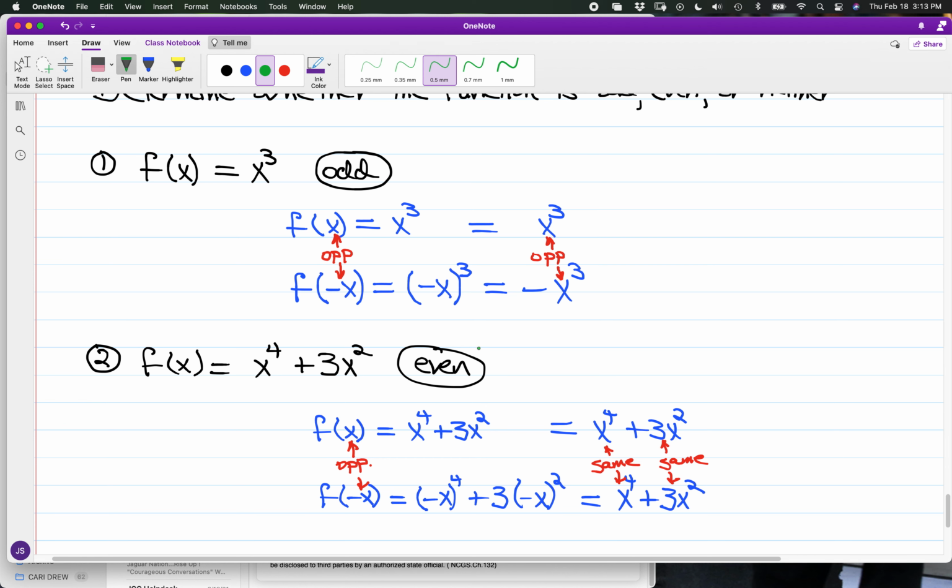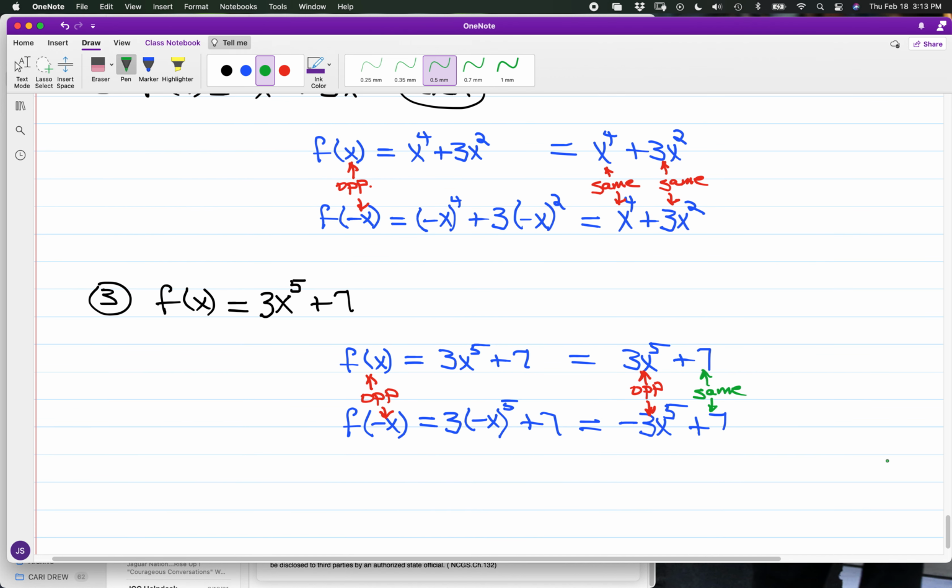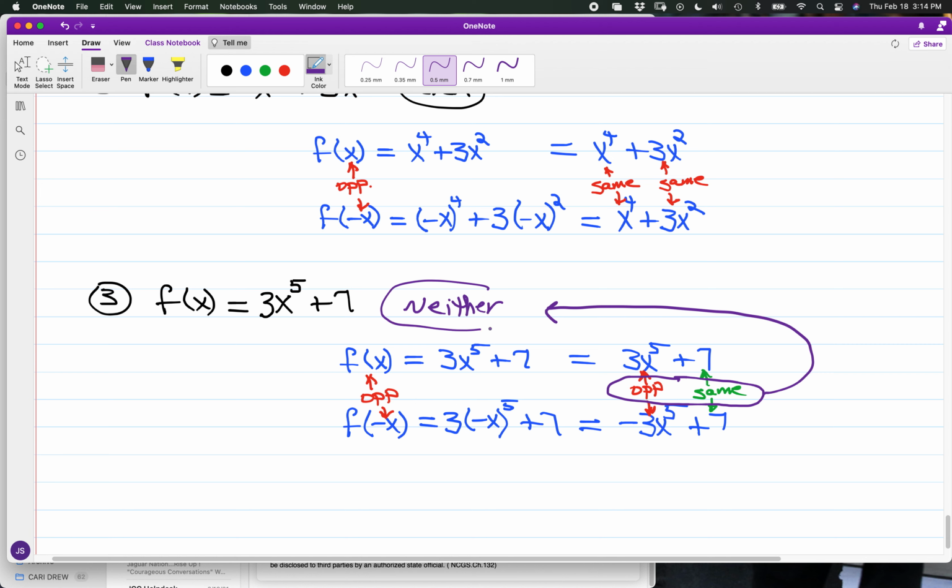If it's even, at opposite sign inputs the outputs must be identical. But if you have a scrambling, where part of the output terms are opposite and some are the same, the function is not odd or even. So in this case, you have neither odd nor even, because you have opposite for one term and the same for the other.